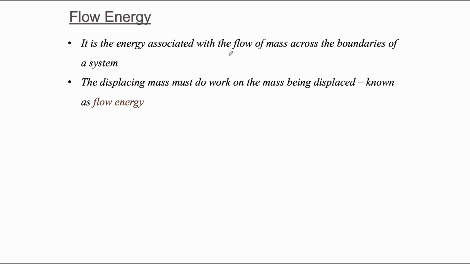Energy that is crossing boundaries is called transit energy, whereas when a mass crosses boundaries and there is an energy associated because of this mass crossing the boundary, then this energy is called flow energy. In this case, the displacing mass must do work on the mass that is being displaced.